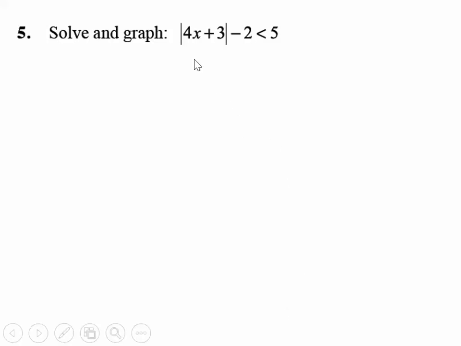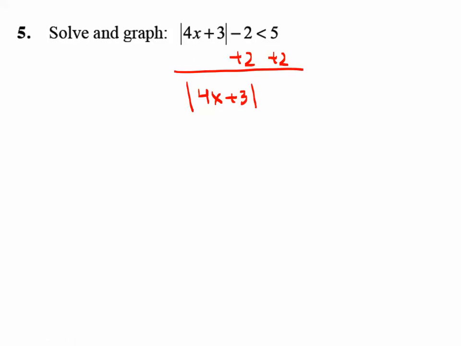Since the absolute value is not all by itself, we have to make it all by itself. So we have to add 2 to both sides. And now we can proceed. We had to do that first. And or again? Cool. All right, got 2 people answering out of a class of 42. So yes, it is an and statement, so all yours from there.